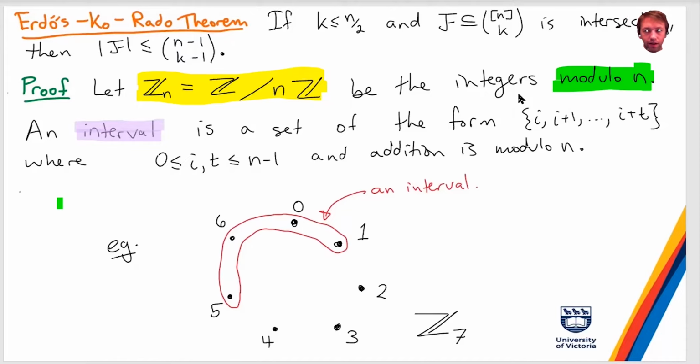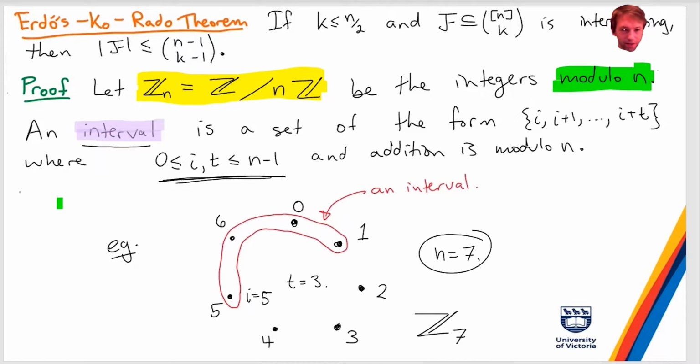Formally, an interval is a set of the form i plus 1, i plus 2, up to i plus t, where i and t are numbers between 0 and n minus 1, and the addition is modulo n. So here I would have i equals 5. i tells you the starting point of the interval, and t tells you how long the interval goes, so t equals 1, 2, 3, I guess. And here we're dealing with n equals 7.